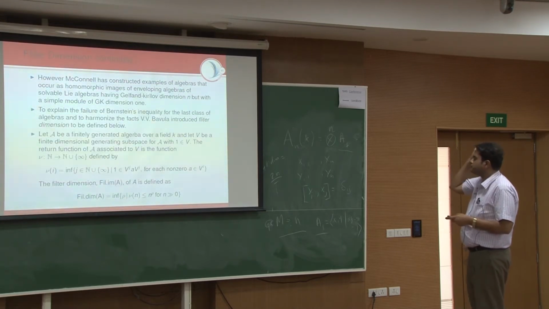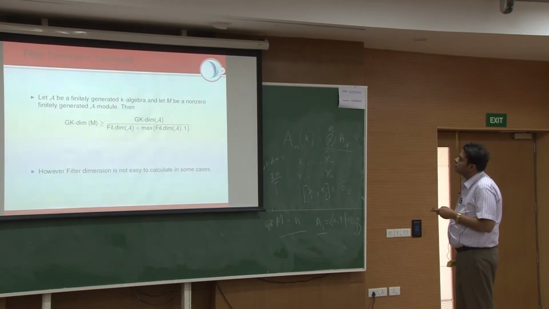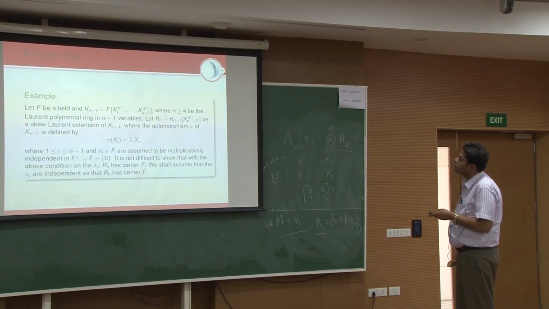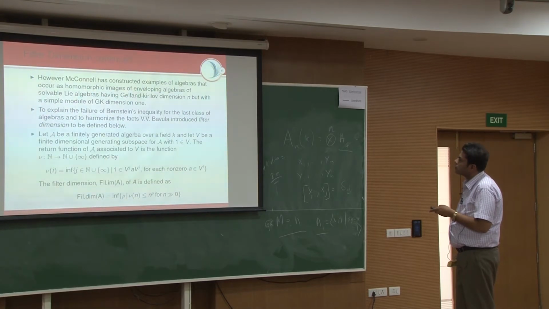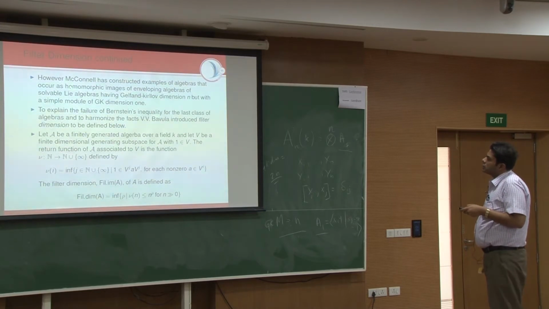Okay, but there are other classes of algebras for which this fails. J.C. McConnell constructed examples of algebras that occur as homomorphic images of enveloping algebras of Lie algebras, having Gelfand-Kirillov dimension n, but with a simple module of GK dimension 1.